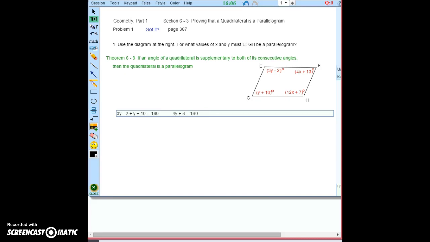Subtract 8 from both sides and we get 4y equals 172. And then if we divide both sides by 4, we get y equals 43.